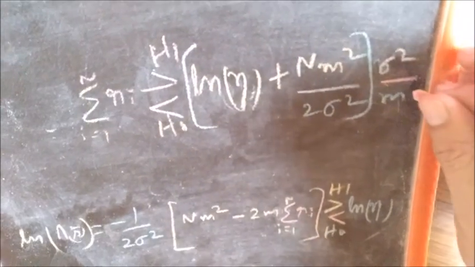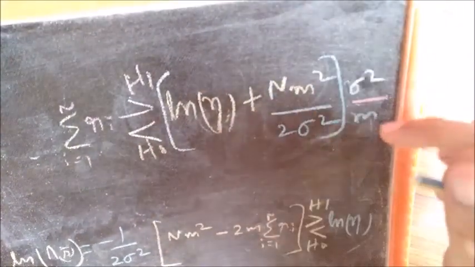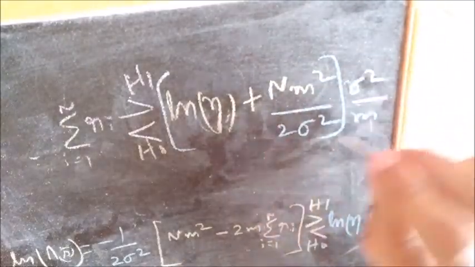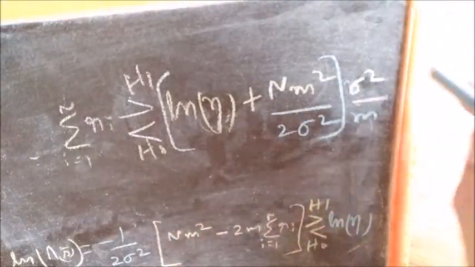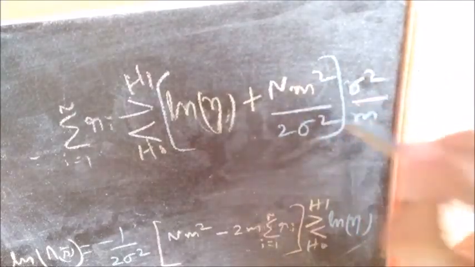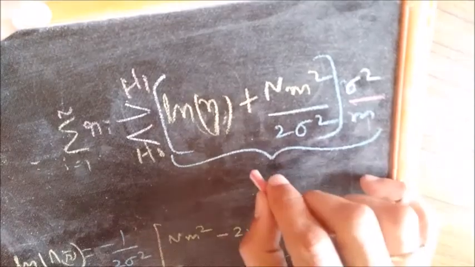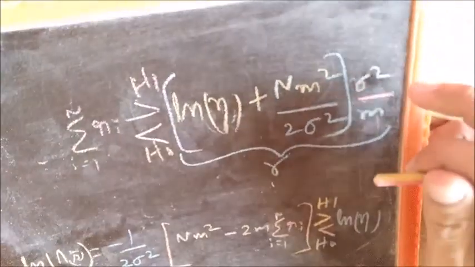Of course you can further manipulate it by taking it inside the brackets. You will get sigma square by m ln eta, which is a simple step, plus n m by 2. So this becomes the threshold gamma with which we compare this.